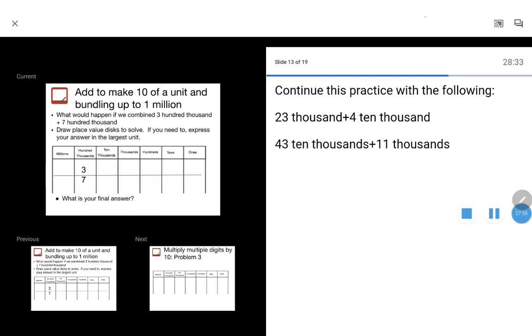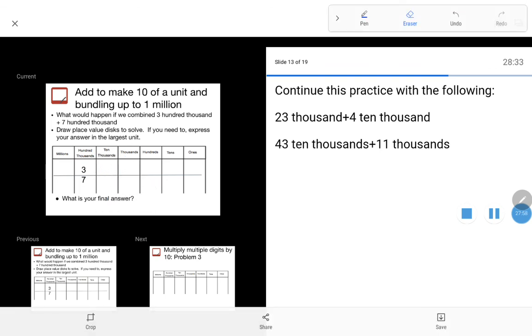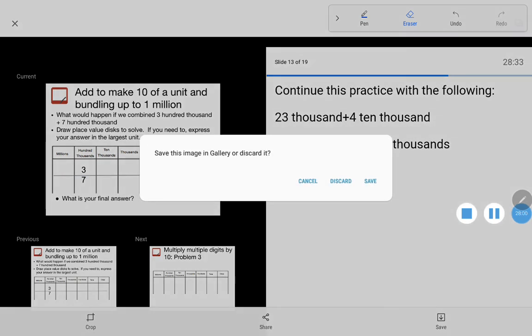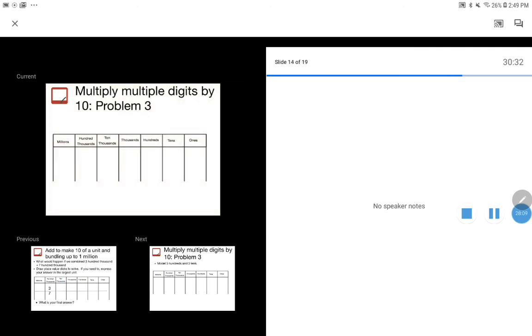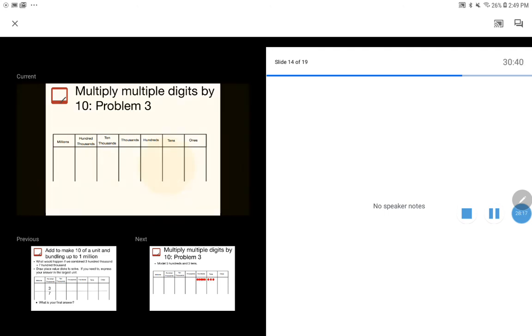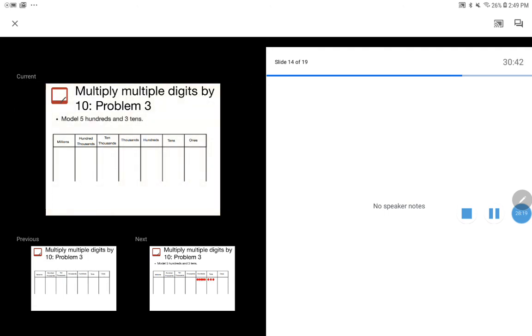All right, erase that. Okay, go ahead and erase. Let's try another one. I want you to show me 5 hundreds and 3 tens on your work mat.